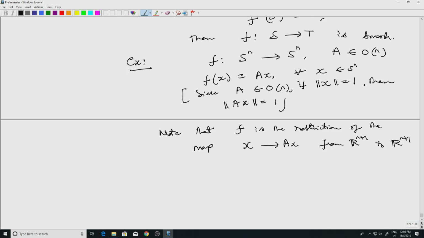This map between Euclidean spaces is just a linear map, and we know it's smooth. Therefore the corollary implies that f from Sn to Sn is smooth. So we can avoid the use of charts altogether.